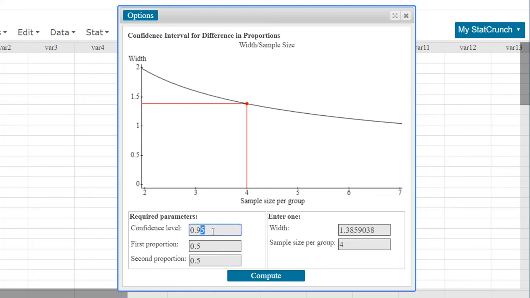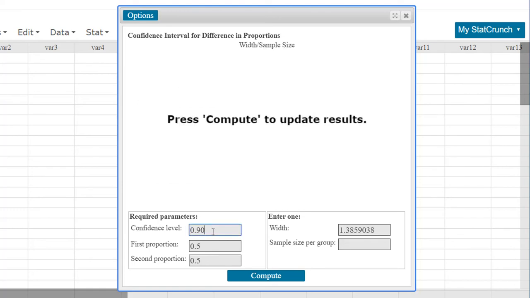So our level of confidence is 90%, so I'm going to change that to 0.90. Our first proportion was 27.5%, so 0.275. Our second proportion, which was for females, was 23.1%, so 0.231. And now remember, for the width of the confidence interval, that means the difference between the lower limit and the upper limit.